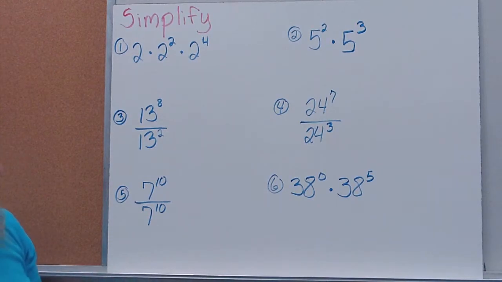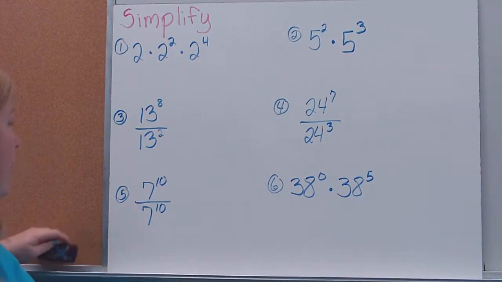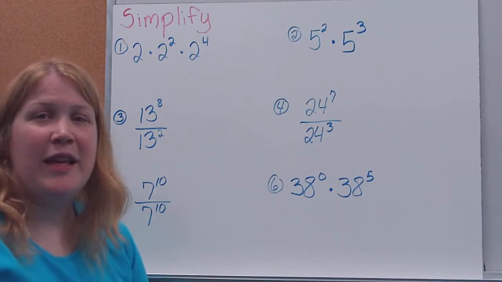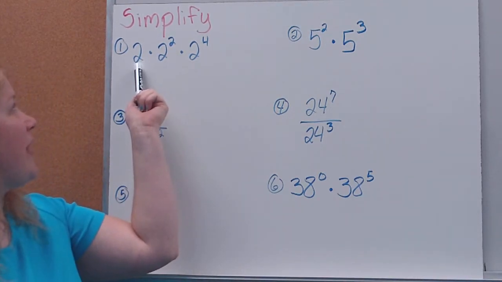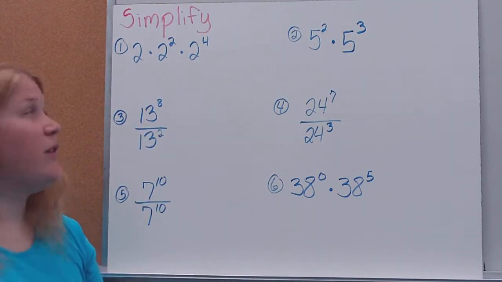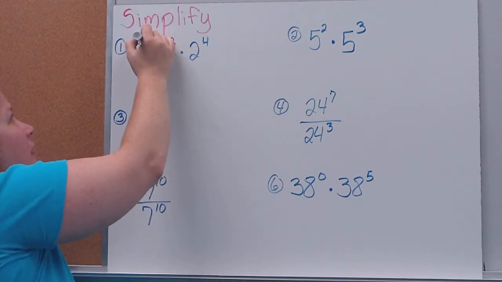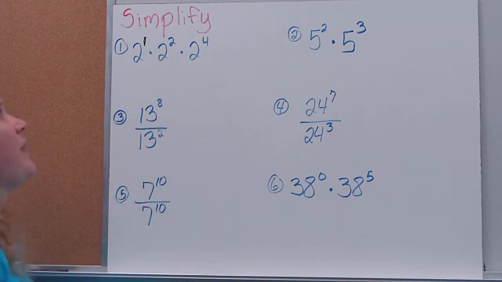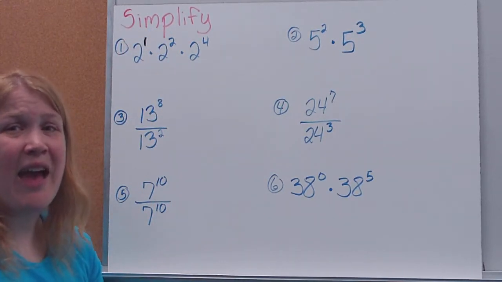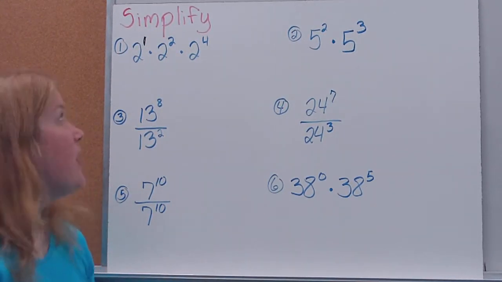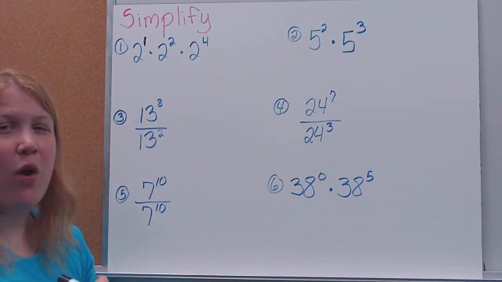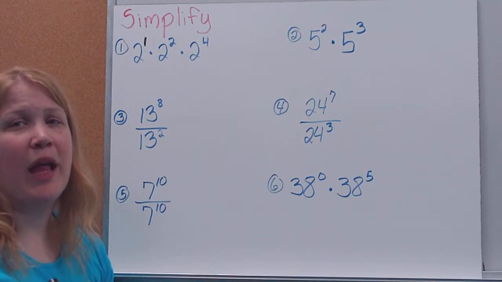So if you look here at number 1, the other important thing to remember, and the reason I use this one, is because a lot of times people are going to forget this. A lot of you probably looked at that and said, oh, it's 2 to the 6th, 4 plus 2. However, there's a number right here, and it's a 1, because I have 1, 2 there. Almost always in math, if you don't see it, there can be an implied 1.